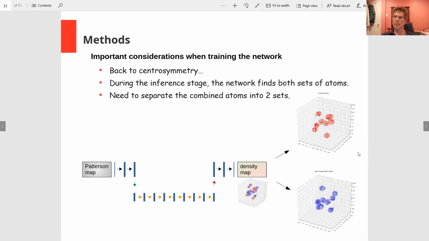But there is a limitation to this method, which is that actually both of these solutions are equally valid. They both produce the same Patterson map. And so in the end, you'll end up with two solutions, and they're both reasonable solutions.